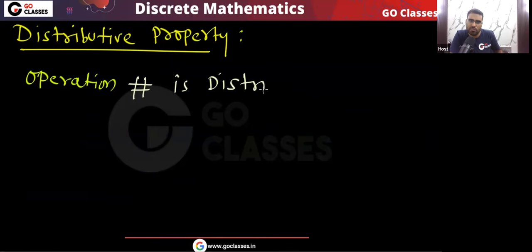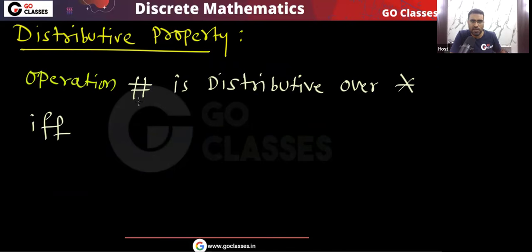So a very simple point. If you have two operations, hash and star, then hash is distributive over star if and only if this equation holds. Look at this equation. When you have this, then hash is distributive over star.